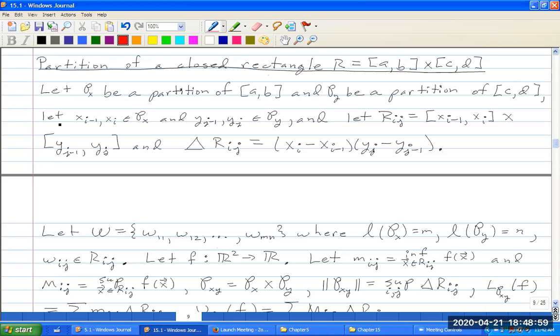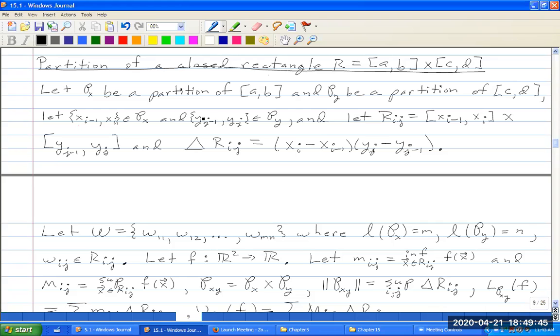Let the interval from x sub i minus 1 to x sub i be a closed interval determined by this partition in x.